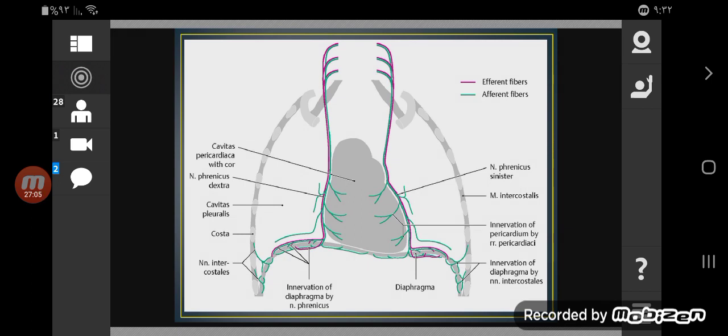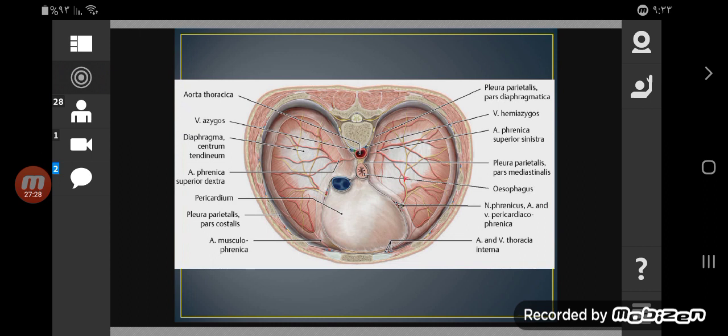The phrenic nerve is very important because after damage to the phrenic nerve on one side or both sides, you get paralysis of the diaphragm, and respiration will face difficulties. In this picture you can see the distribution of the left and right phrenic nerve on the superior surface of the diaphragm.